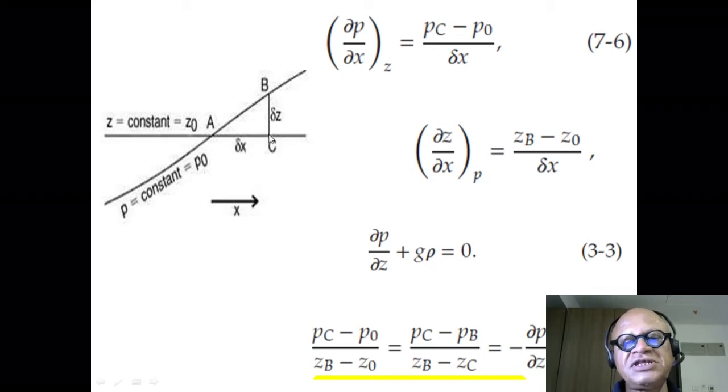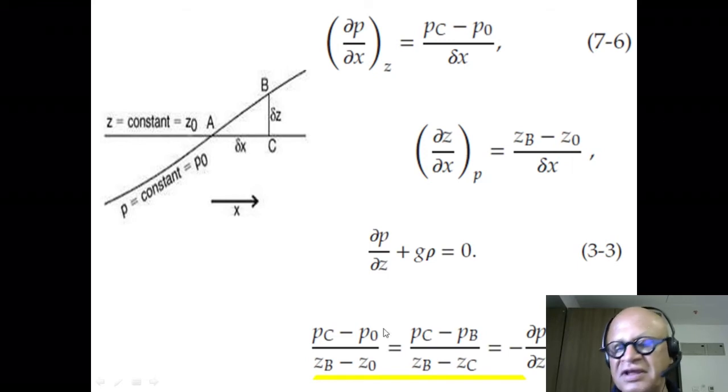Okay, pc minus p0, p0 is here and here. So we are going in this direction because we are trying to write dp dz. This is the z direction. So we're going to write pc minus pb, which is same as p0, divided by delta z, which is zb minus z0, because we are writing minus dp dz. That's equal to pc minus pb divided by zb minus zc.